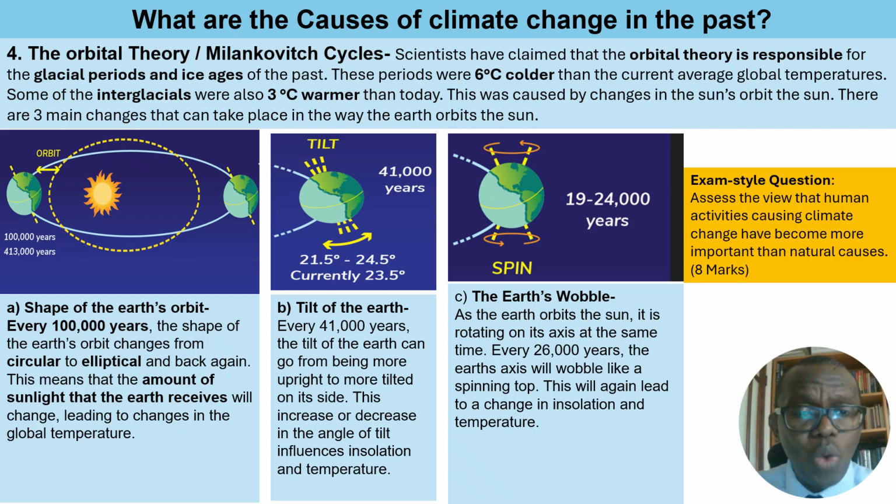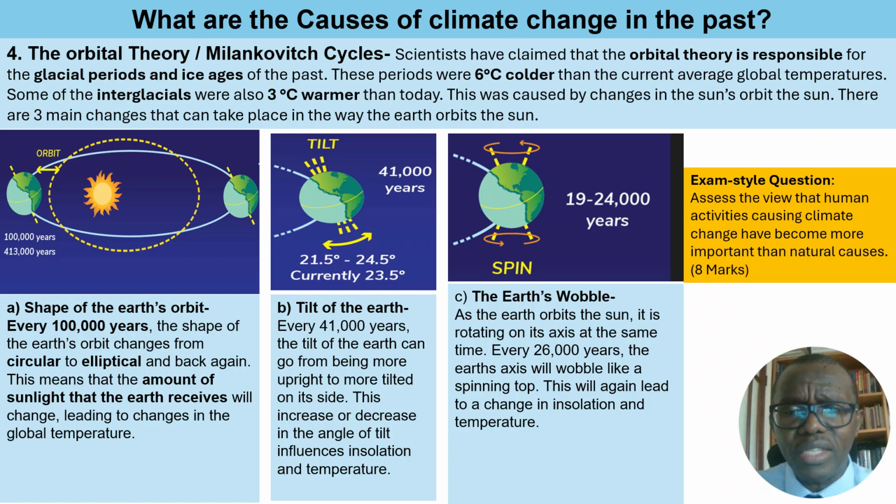These periods were 6 degrees colder than the current average global temperature, and some of the interglacials were 3 degrees warmer than today's average global temperatures. This was caused by changes in the sun's orbit. Okay, so these changes in temperature as a result of the Earth's orbit.